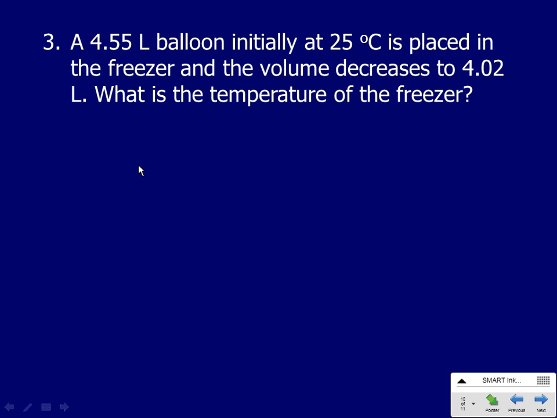Jeepers. So in this case, we're looking for T2.